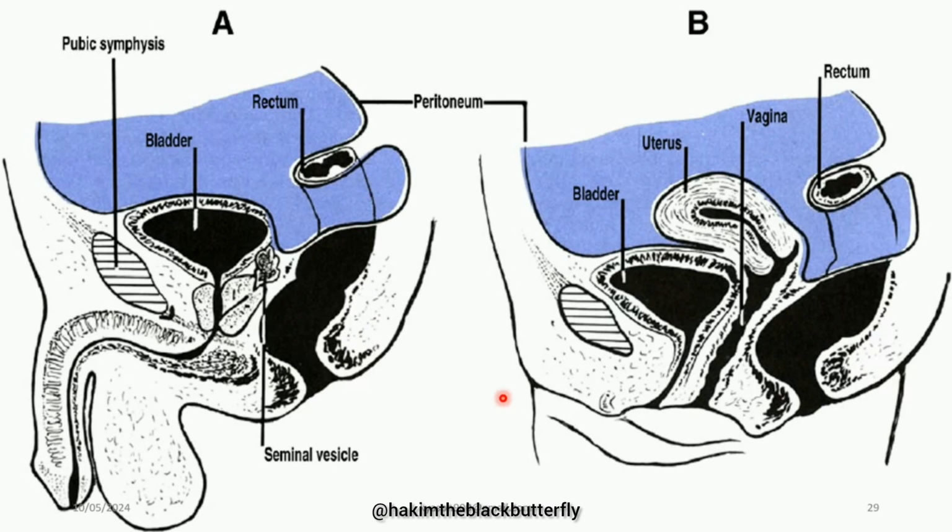Okay, and so you can see, I was saying that between the rectum and the urinary bladder, because our peritoneum is going to reflect onto the rectum, it creates some kind of a depression between these two structures, and this is going to be a potential space that can hold some peritoneal fluid.